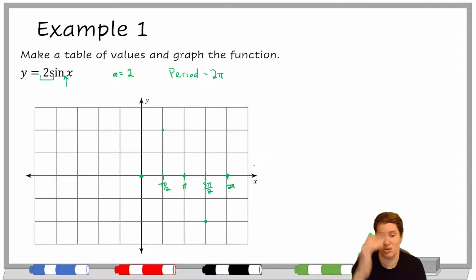So 1, 2, 3, -1, -2, -3. We can go backwards and continue the pattern. So 0, 0, we'd go down, then come up, then go up, and then go down. And so this is just a pattern that's happening. And then we try to draw this in a way that looks like a sine curve.